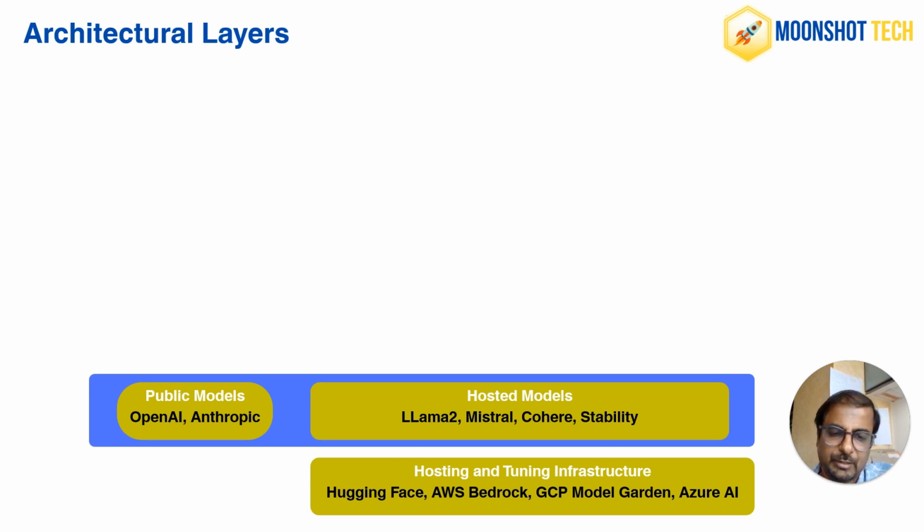So some of the infrastructure players include Hugging Face, AWS Bedrock, GCP Model Garden, or Azure AI. So what these vendors do is provide you the infrastructure to host different LLM models, right? So there are multiple models like Llama 2, Mistral, and the great thing about this is it gives you the choice of picking the model of your choice, right?